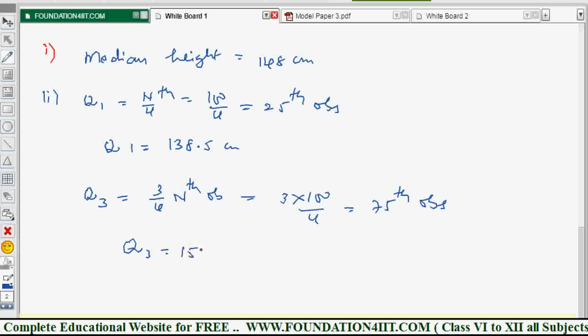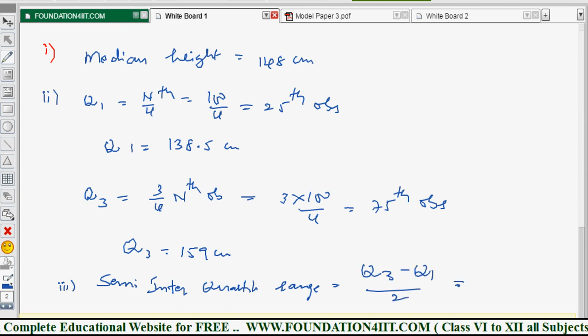That is 159 centimeters. Now if you know Q1 and Q3, you can find the semi-interquartile range. Therefore, semi-interquartile range is equal to Q3 minus Q1 divided by 2.